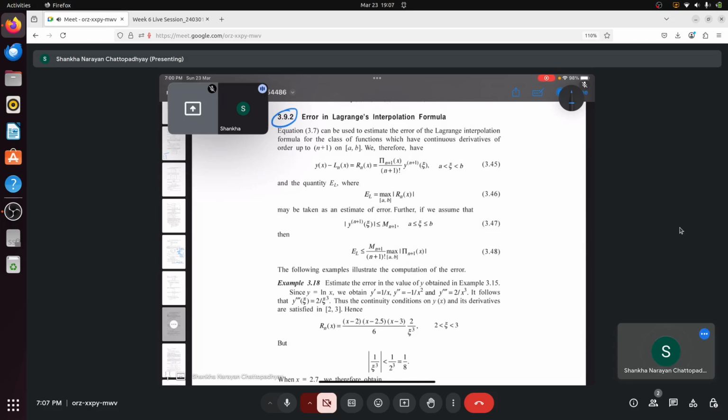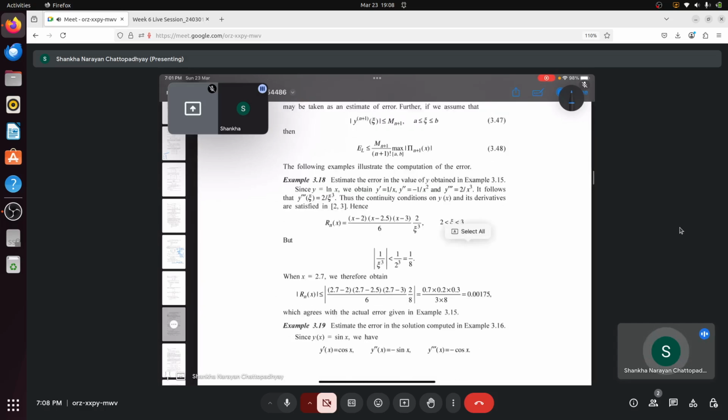2 by xi cube. Then 2 by xi cube is a monotonic decreasing function. So 1 by xi cube will be less than 1 by 8.